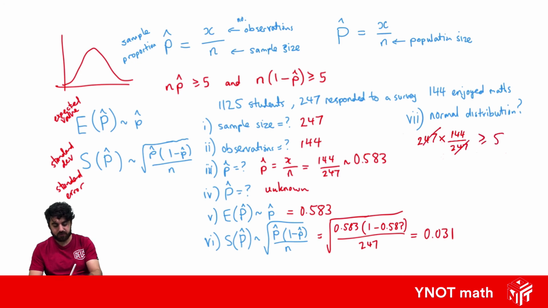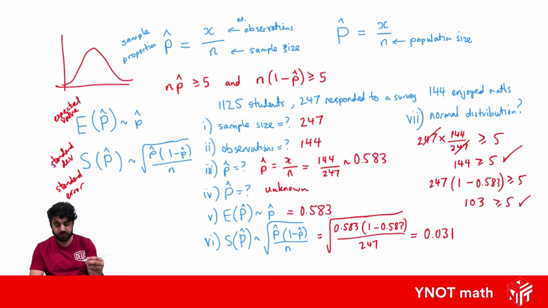So the 247s will cancel, and we get 144 is greater than or equal to 5, which is true. So it satisfies that one. Now we need to check the other one. So we get 247 times 1 minus 0.583, and that has to be greater than or equal to 5. And we end up getting 103 is greater than or equal to 5, which is also true. And therefore, this distribution can be approximated using a normal distribution.